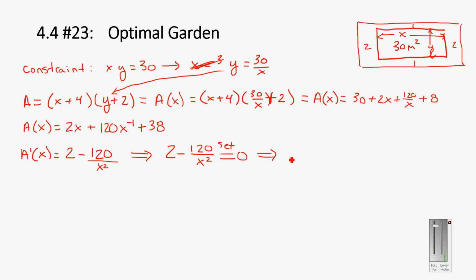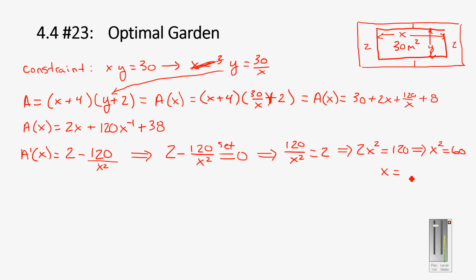And let's see here. That becomes 120 over x squared equals 2. Just move the 120 over to this side and flip it. That's equal to 2x squared. Multiply x squared on each side, equals 120. Take that a little bit further, and I get x squared equals 60.